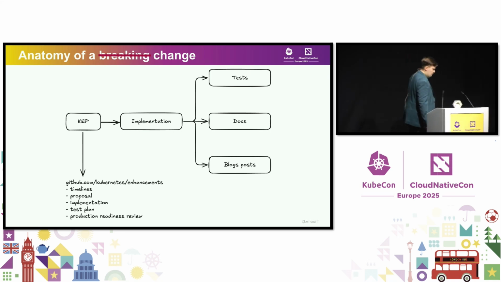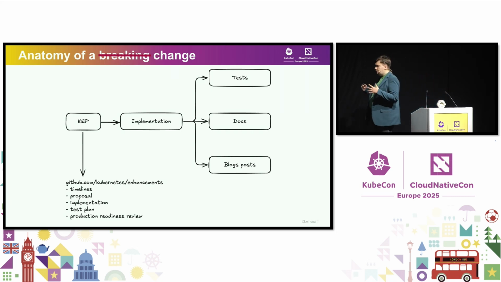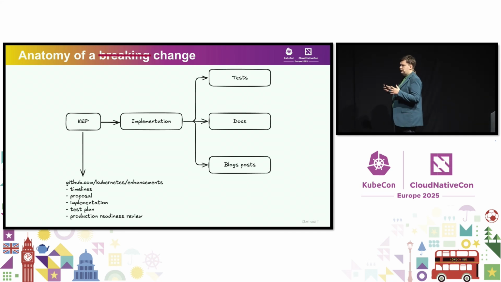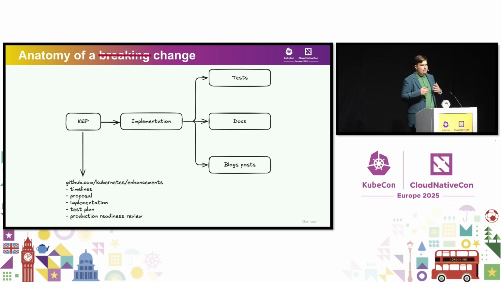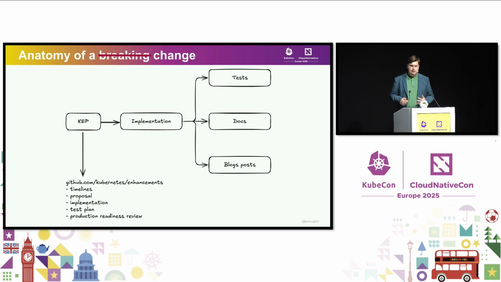What is important to understand is that every change didn't just come out of nowhere. It has been evaluated with a lot of alternatives considered and a lot of discussions, to make sure that if we have to do something like that, we really, really have to do it.